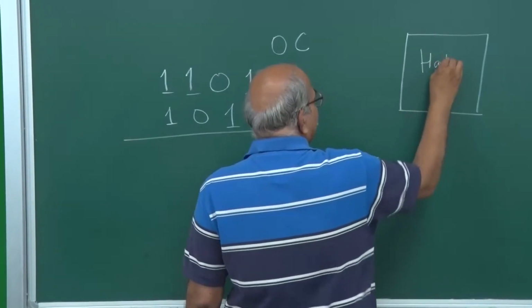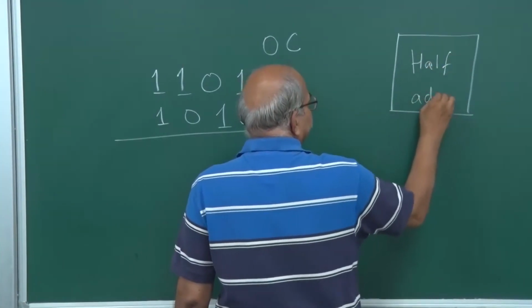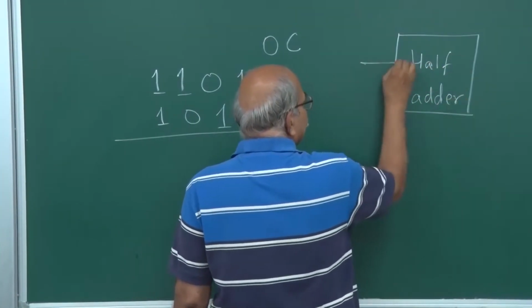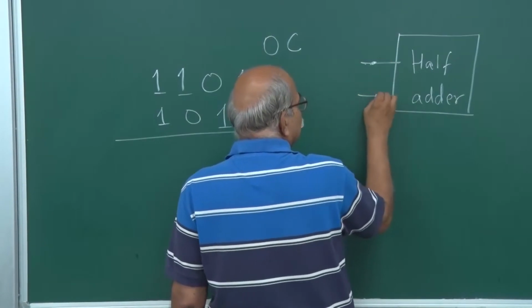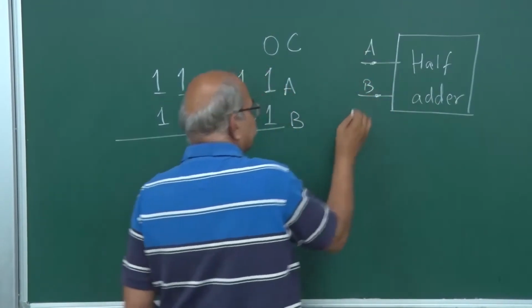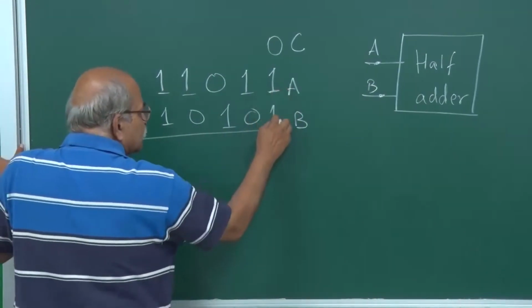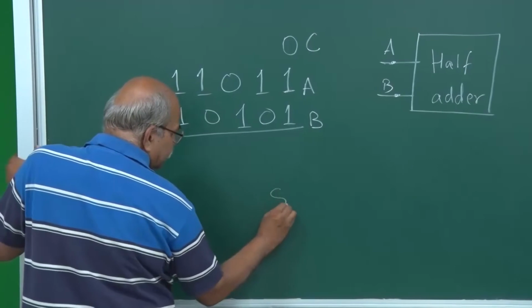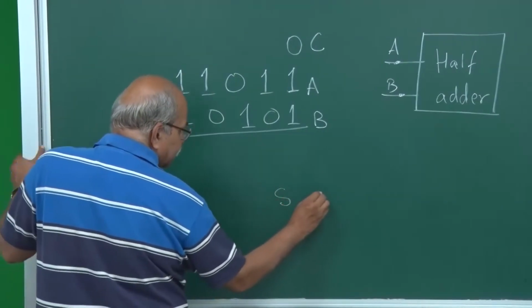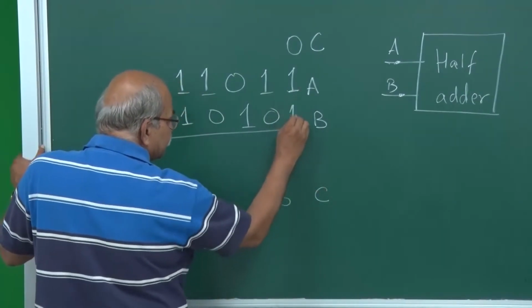Let me write half adder here. So let us say this is a half adder circuit, and then I have 2 input points, and these 2 input points I put A and B here. This A and this B I put here. What do I get? When I do this, I get sum as this is my first half adder, remember, and I get a sum which will be 0.